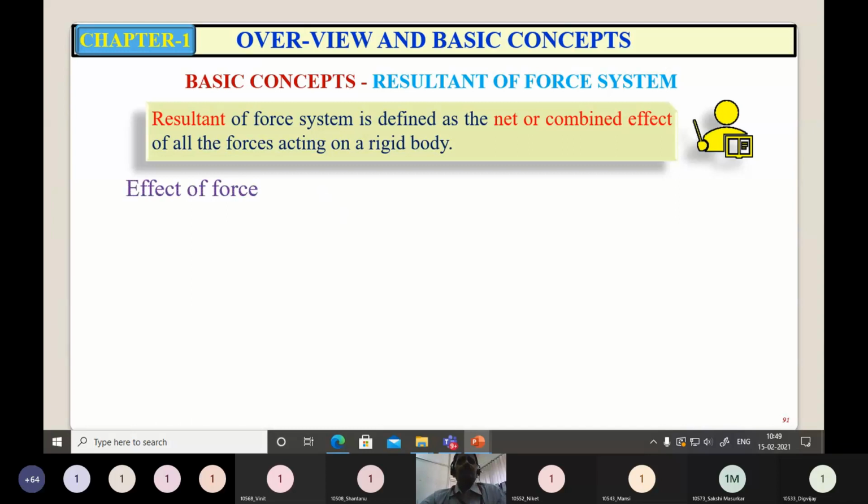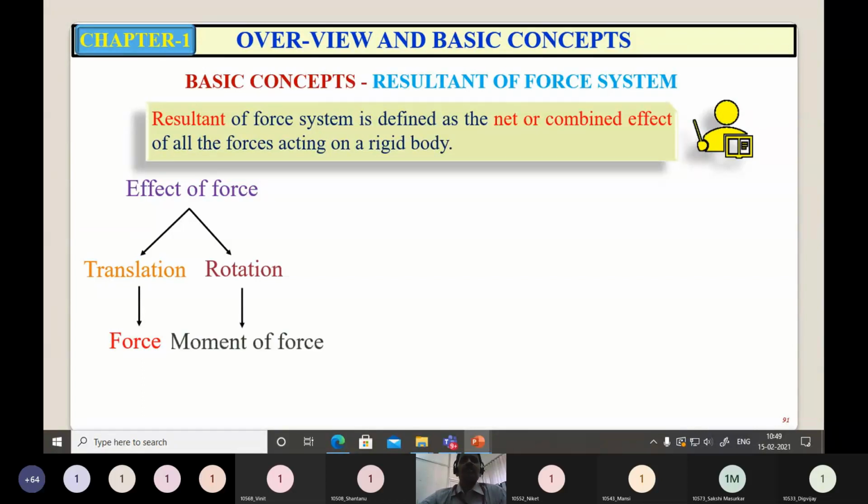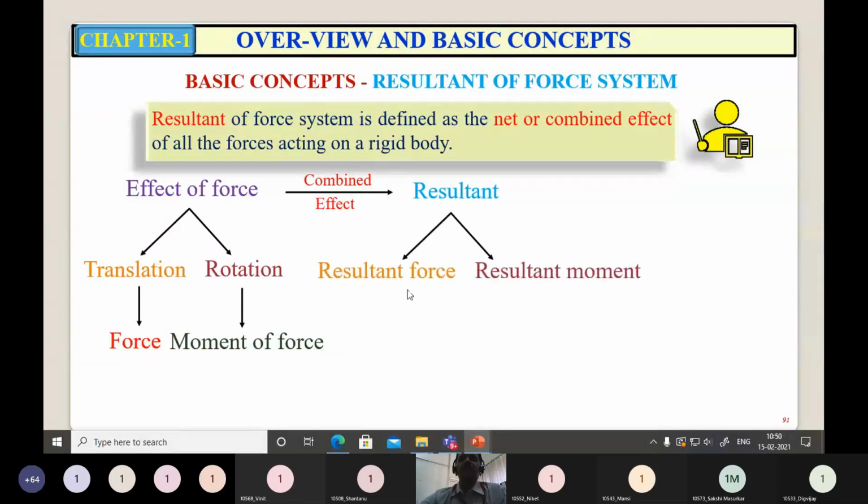Now the effect of a force on the body is twofold, to produce translation as well as rotation. The translation is because of the force and the rotation is because of the moment of the force. So the combined effect, we are saying it as the resultant. Therefore, the resultant can be a force or it can be a moment.